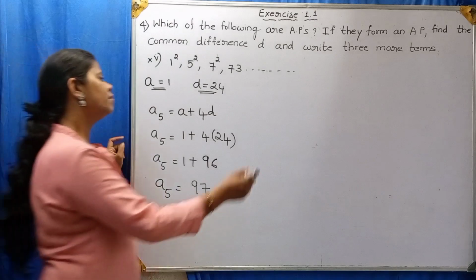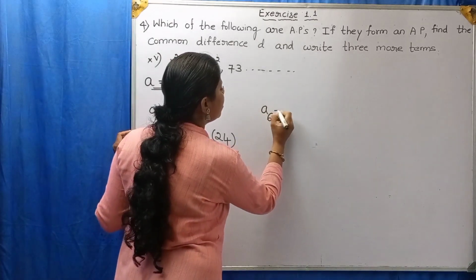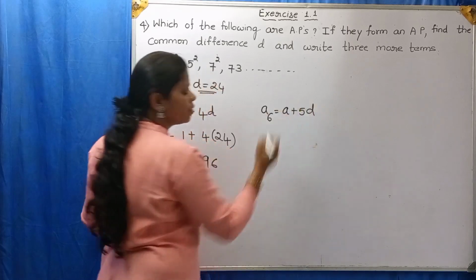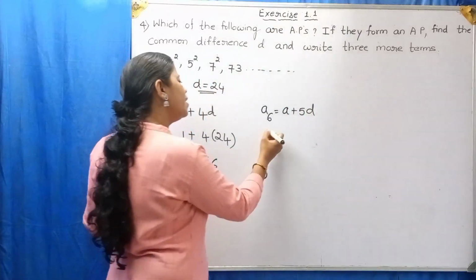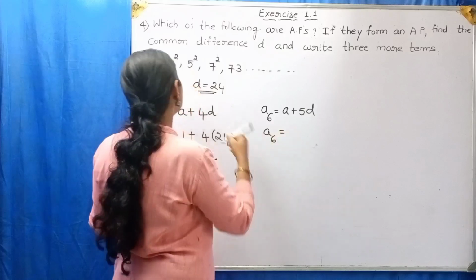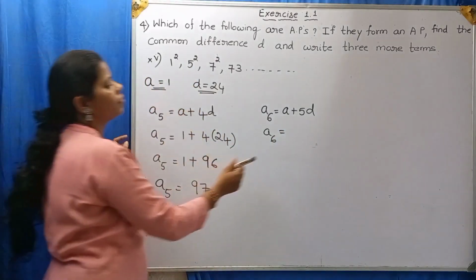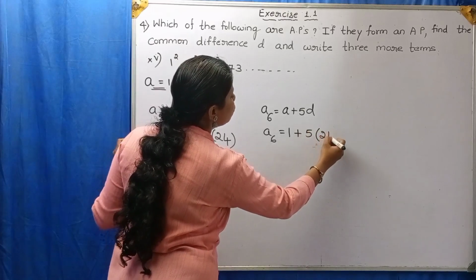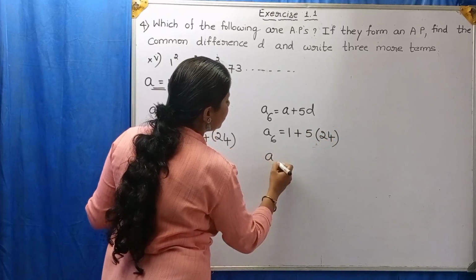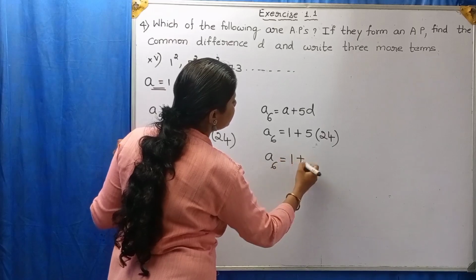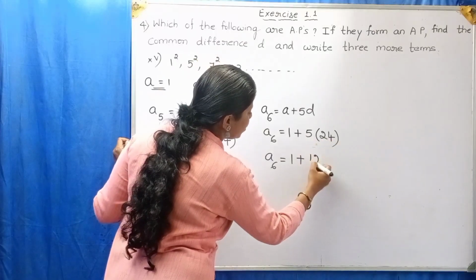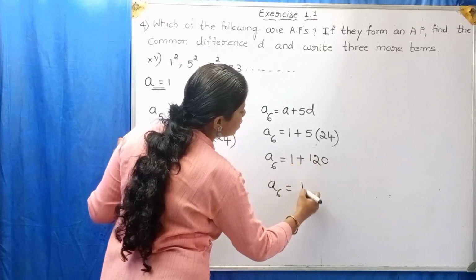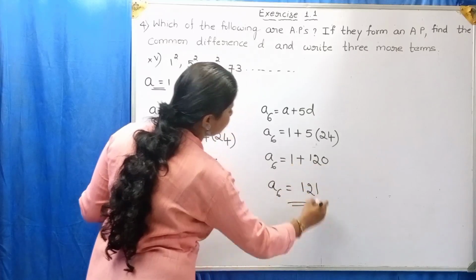Then A6. A6 is A plus 5D. Here A6 is equal to 1 plus 5 into D, which is 24. A6 is equal to 1 plus 5 into 24, which is 120. Therefore, A6 is equal to 1 plus 120, which is 121.